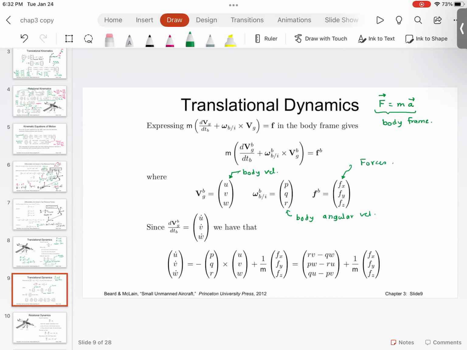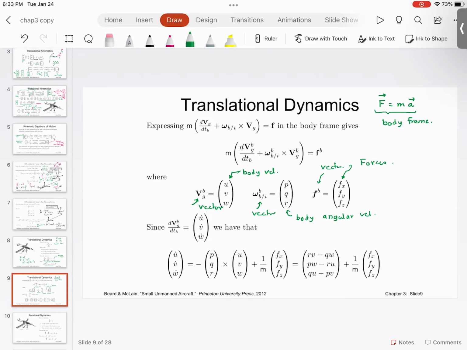And before I even go to this expression, I want you to understand the physical interpretation of this. Please note, this is a vector quantity. This is also a vector quantity. And this is also a vector quantity. There are two ways you can write a vector.